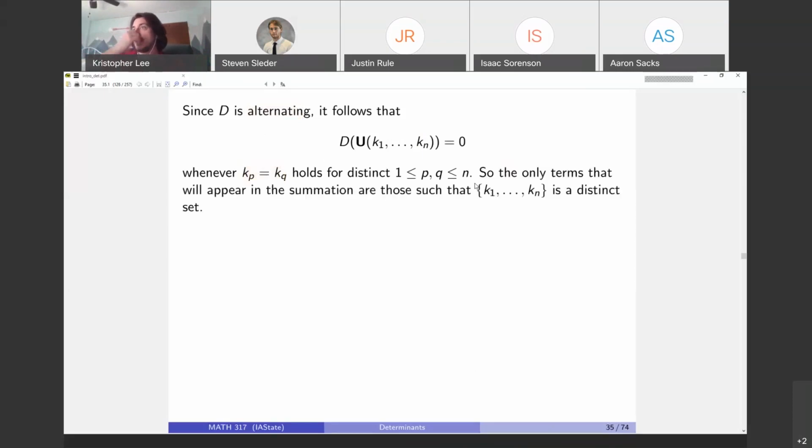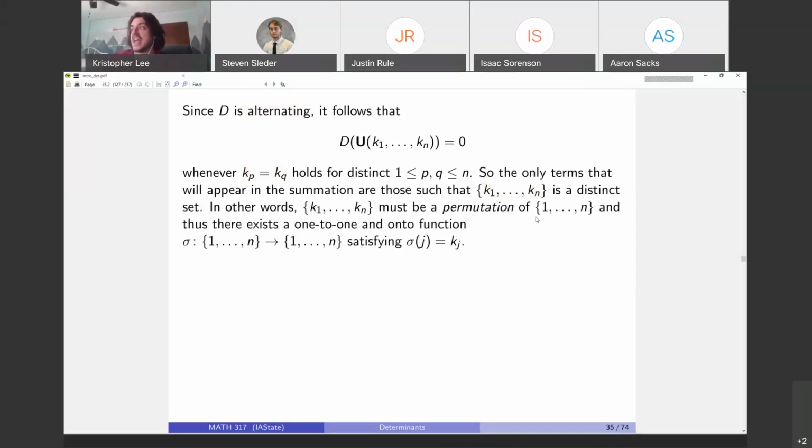So in other words, the only terms that will actually appear in our expression are when this is a distinct set, when this is just a collection of n distinct numbers. But note, these are all coming out of the set 1, 2, 3, all the way to n. So in other words, this has to be a permutation. It's just some scrambling of the numbers 1, 2, 3, all the way up to n.